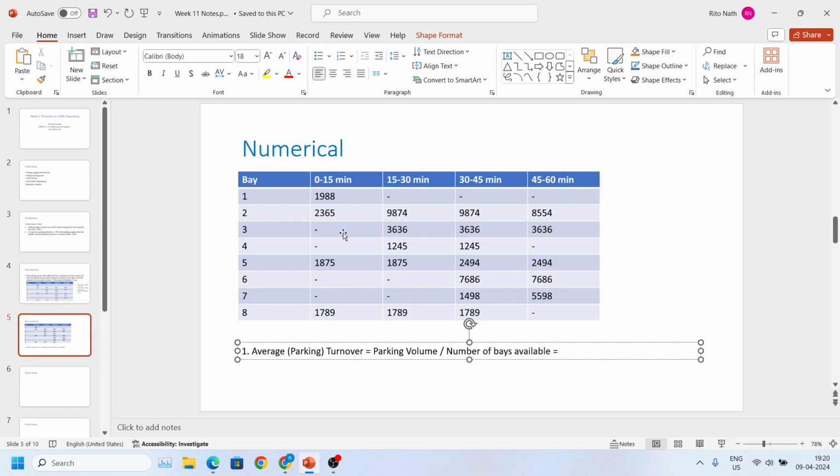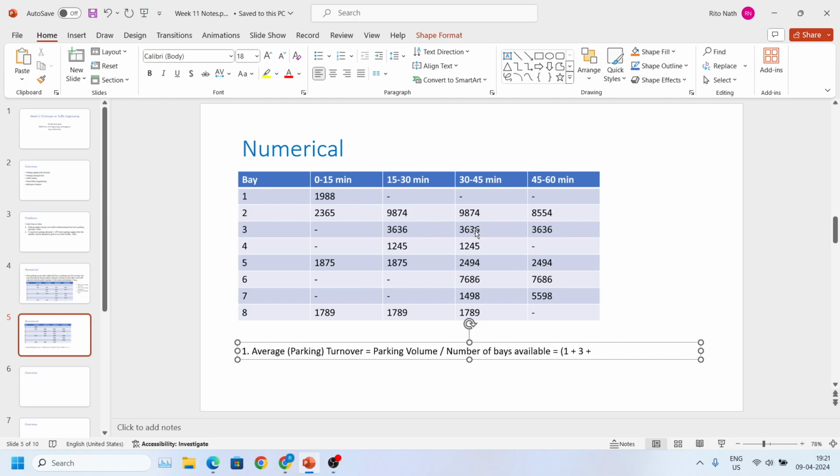So for the first bay, there is only one distinct vehicle. So this is 1 plus, for the second bay, there is the first vehicle 2365, then there is another vehicle 9874, and then finally another vehicle coming in, which is 8554. So there are 3 distinct vehicles there.